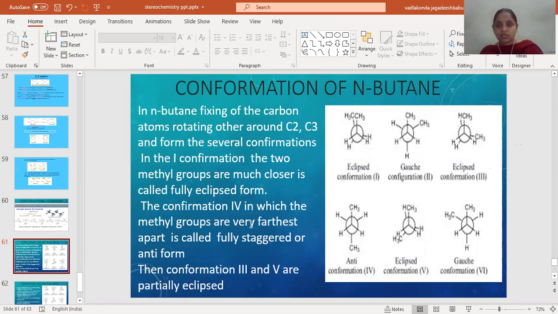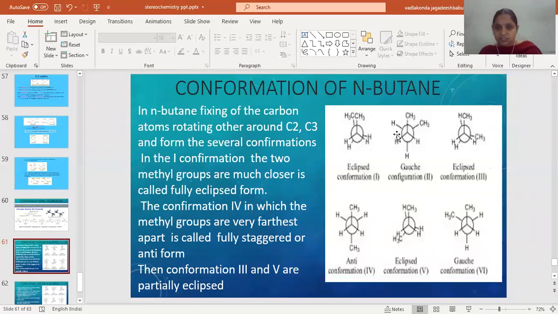Like here also you can observe, first eclipsed form, next gauche form. This is 60 degrees by the rotation of the first form.